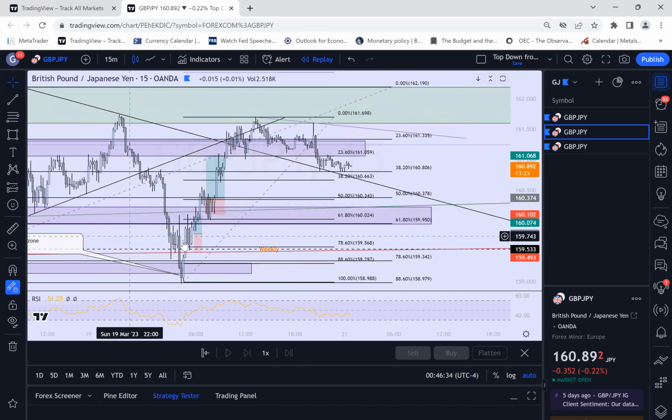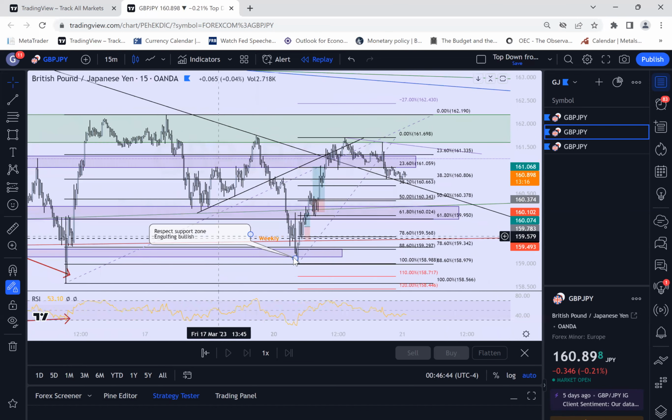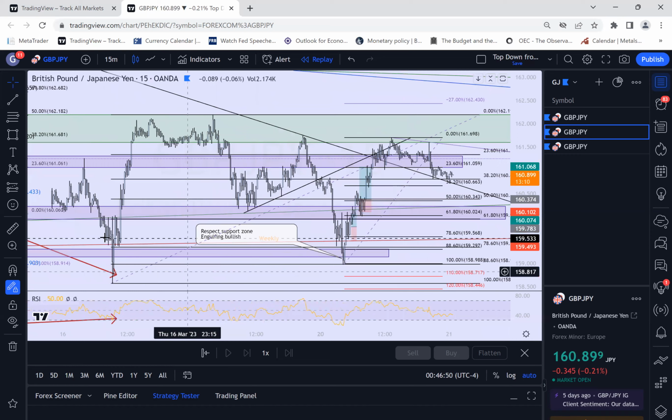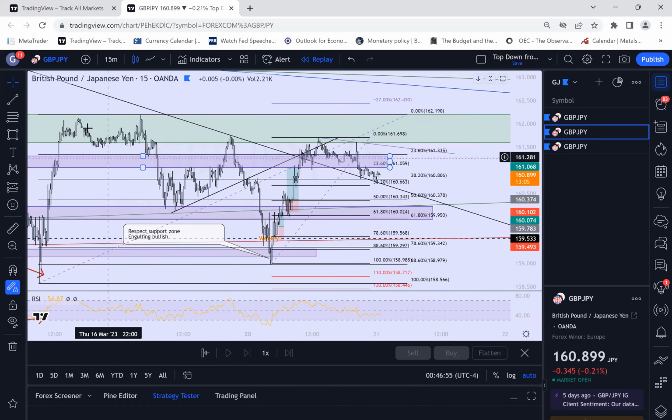That's just a lesson, because I had seen this happening here, and this one would have been a really early entry. The only reason my bias is bullish is because this is now a higher low off this divergence and the end of this down structure on 1 hour. And then we had a break of structure here.